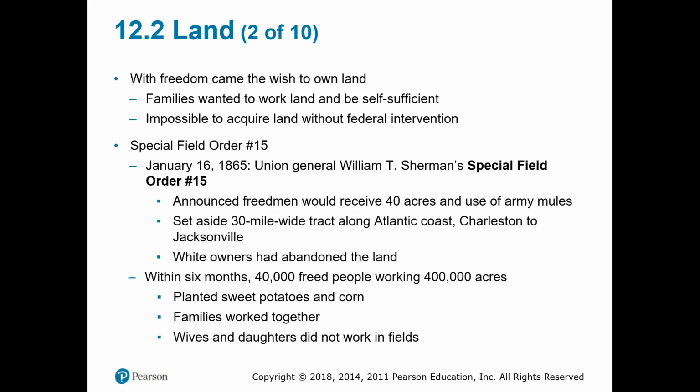Basically, what it was promoting was this idea that this land would be given to those who were enslaved in that area, and they would be provided with army mules to work said land. And it was supposed to be a way to build themselves after enslavement. It was not a bad idea. Wasn't a bad idea at all.